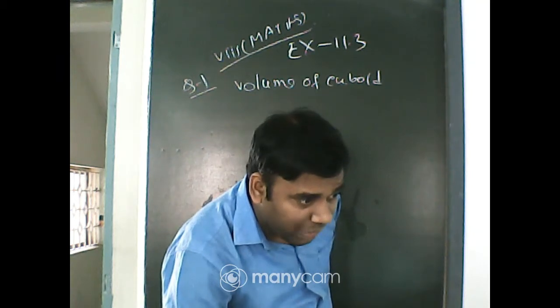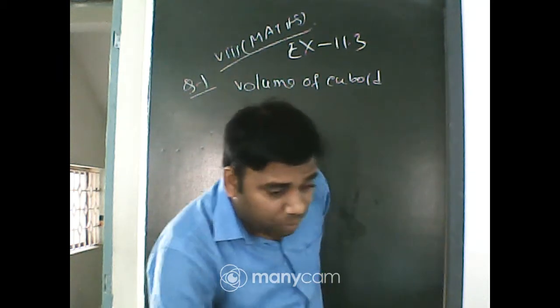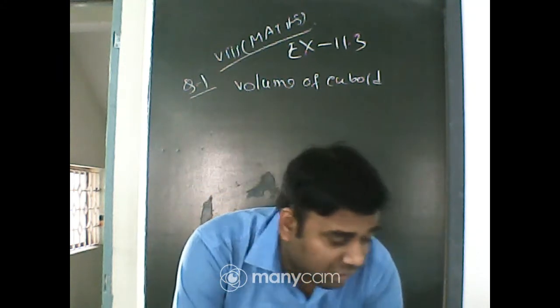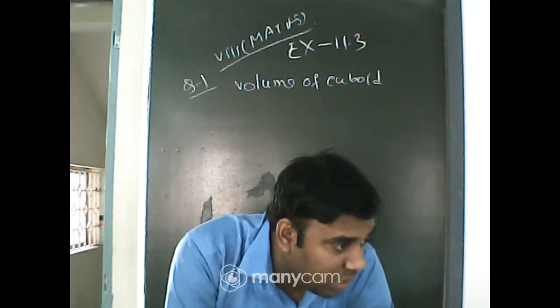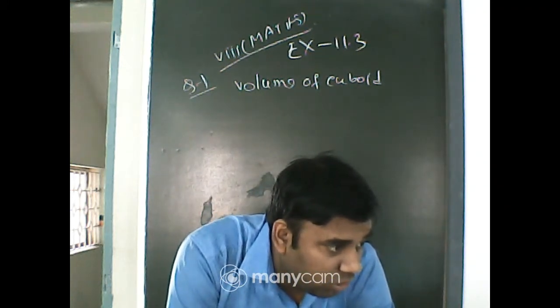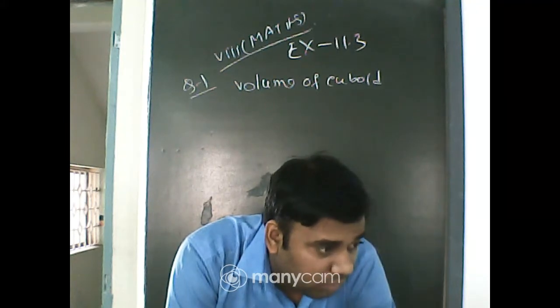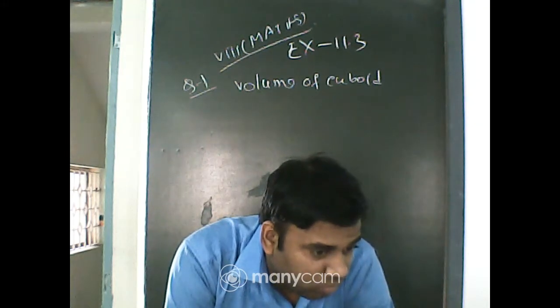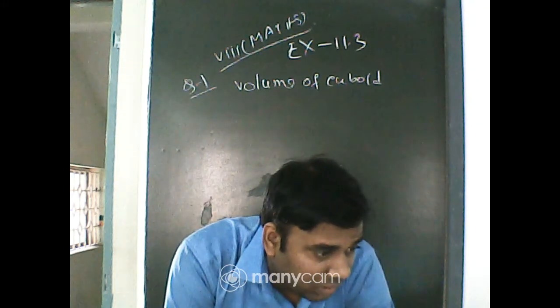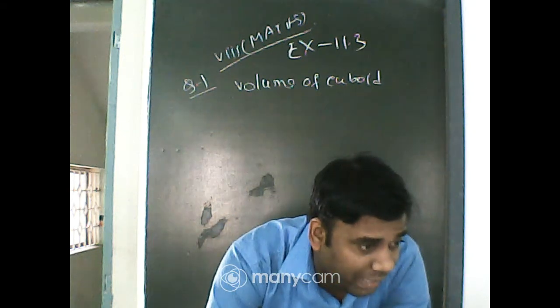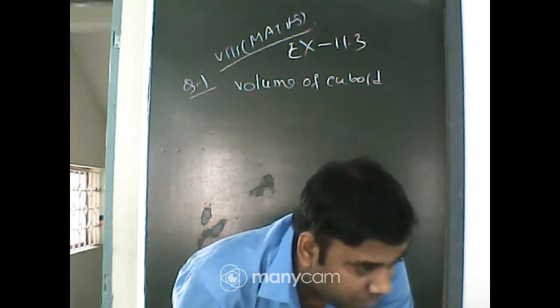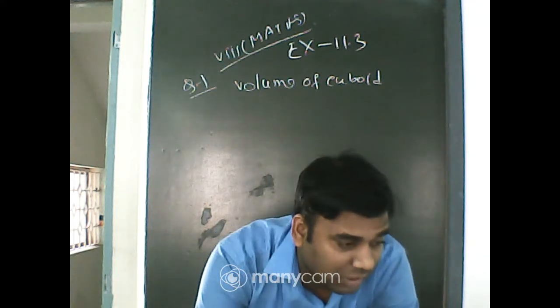L into B into H. So first of all, we will find LBH, the surface area or volume. Tell me, the question is to identify which needs lesser area.